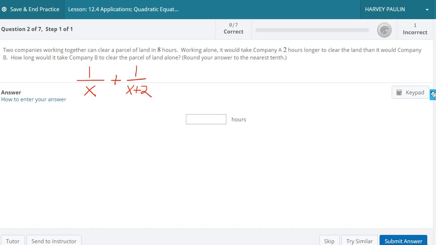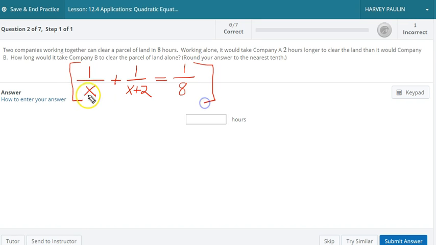So in a sense, what we're doing is looking at rates. So this is company A, this is company B, but working together, they can get the job done in 1 out of 8. So there is our basic equation and the model for solving these. So again, how do we solve them?